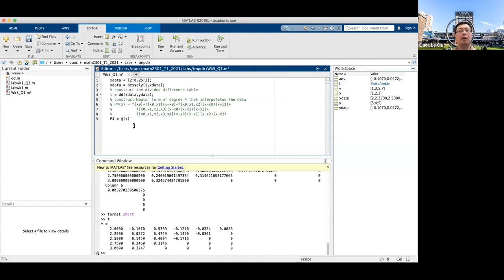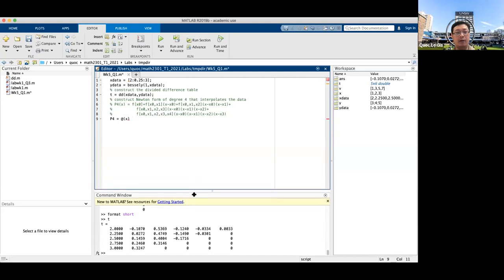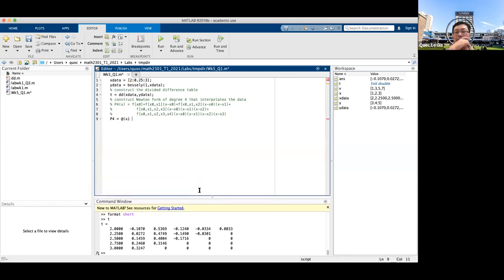And first, where do I get the divided difference coefficients? f(x0), f(x0, x1). The second column of the table is the Y data, at least it's correct for the first term.